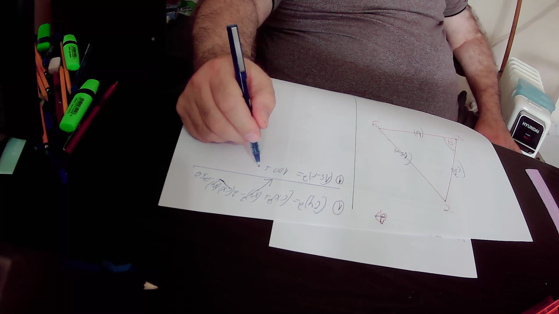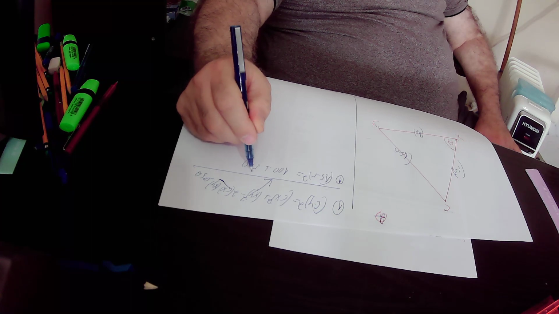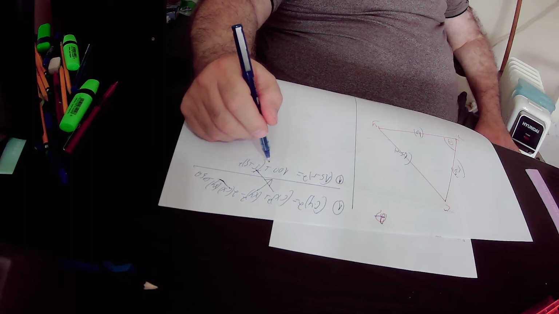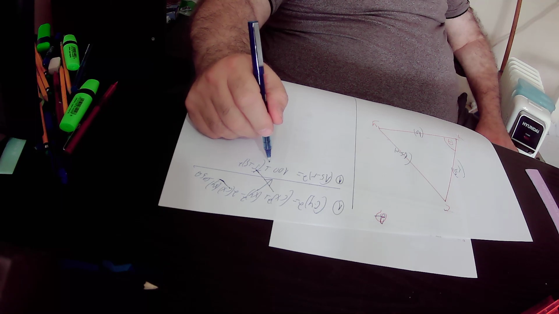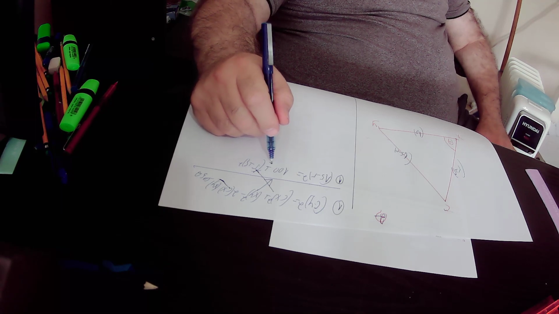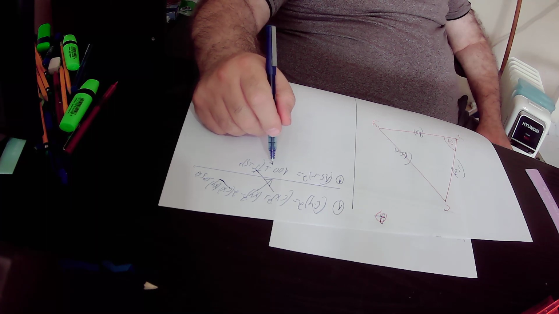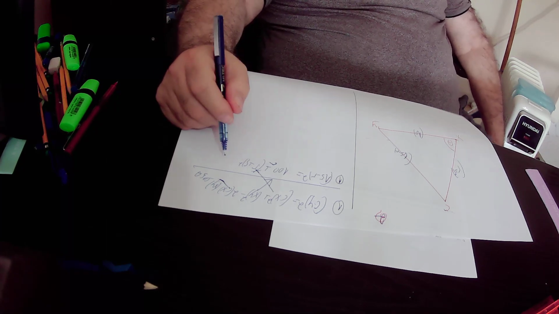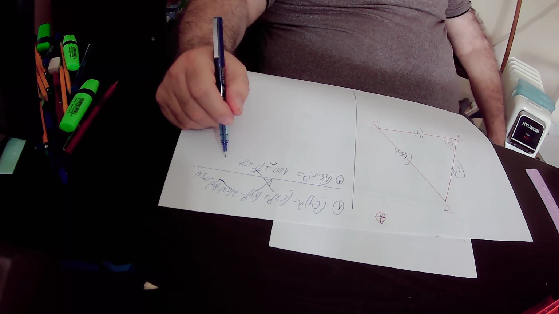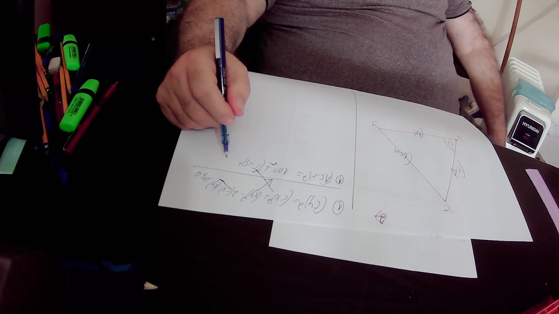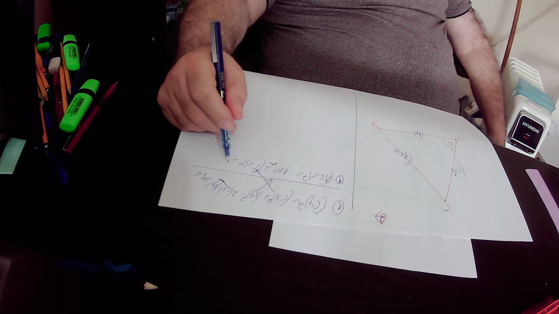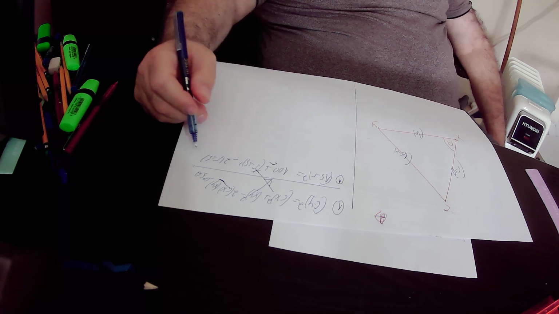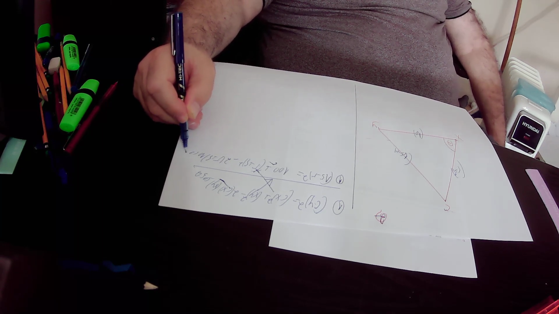CX is R plus 5, so CX squared is R plus 5 squared, minus 2 times CX, which is R plus 5, times XY, which is 10, times cosine theta.